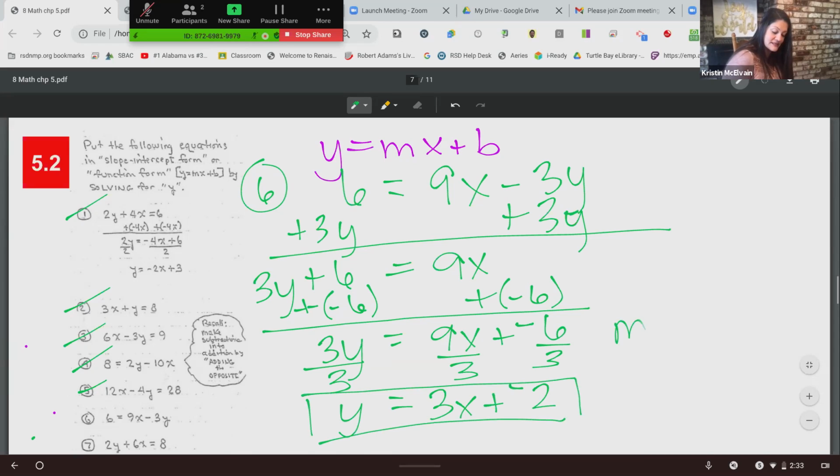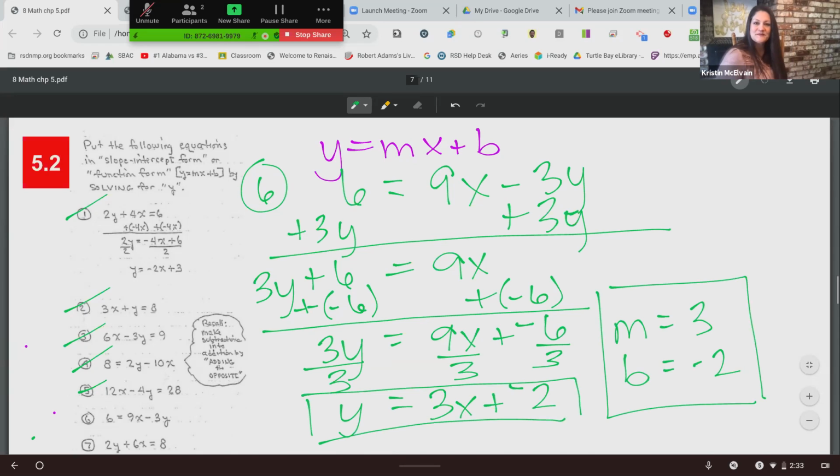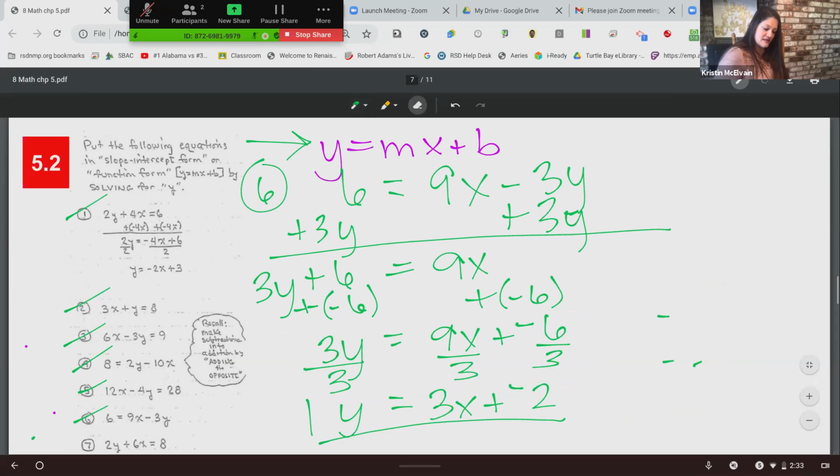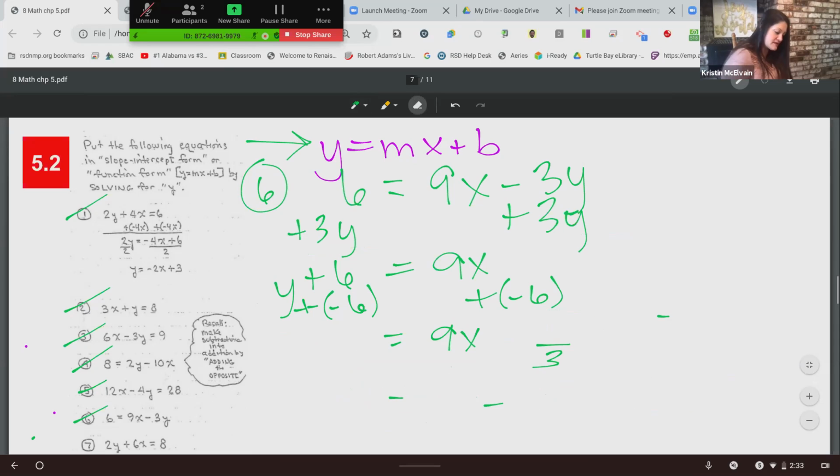And of course, my slope is 3, my y-intercept negative 2. All right, so I was able to move it, even though the y started out on the right-hand side of the equal sign. Now, it could work if we put mx plus b equals y, but for this year, I want to really just stick with our general formula. All right, done with that. Let's get on to number 7.